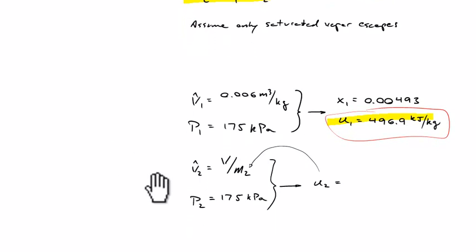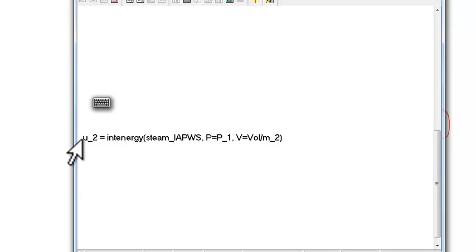And now in my code, I've got a way to calculate U2, and I do that by using this line. So U2 is equal, the command is int energy, internal energy, and here's the steam. You could either use steam or water. I use steam IAPWS because it matches the tables perfectly.